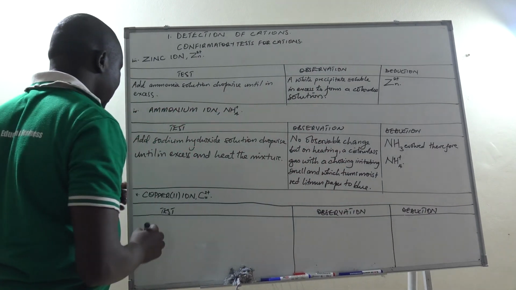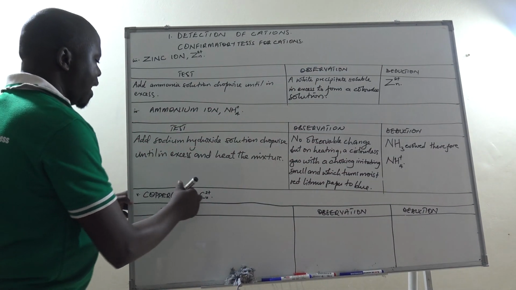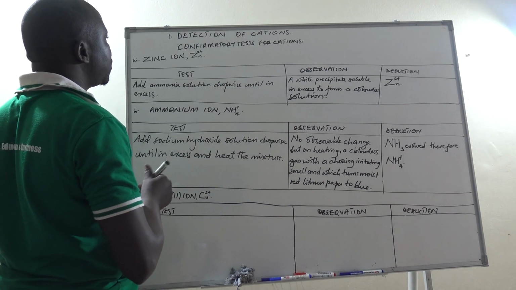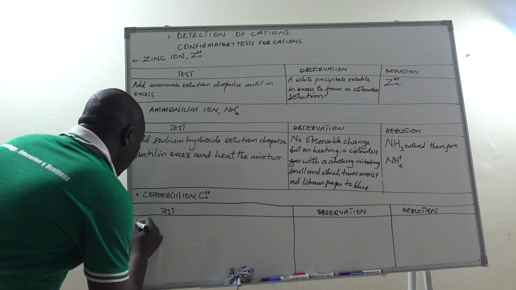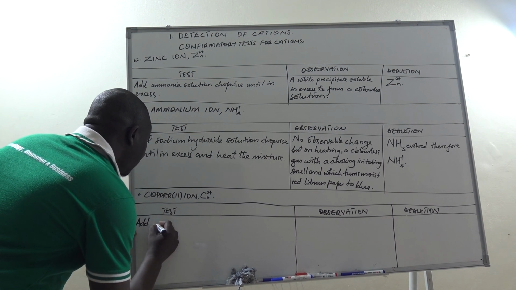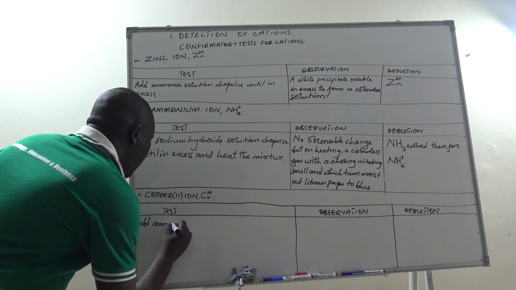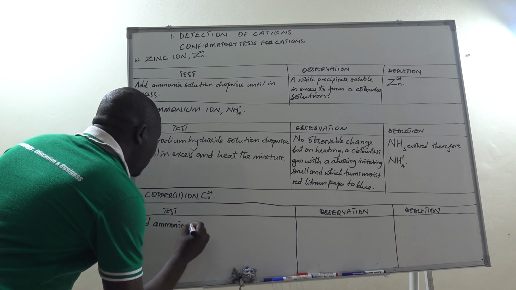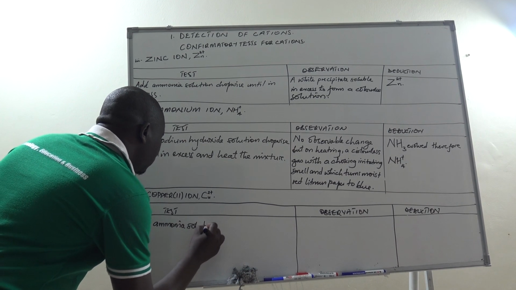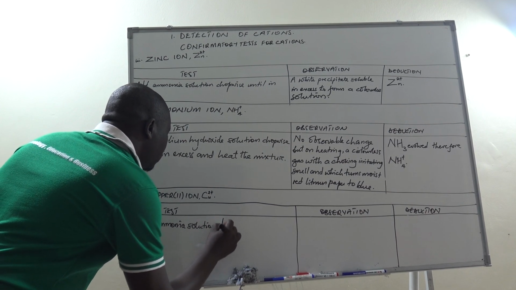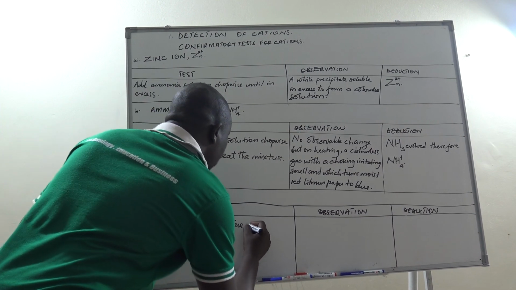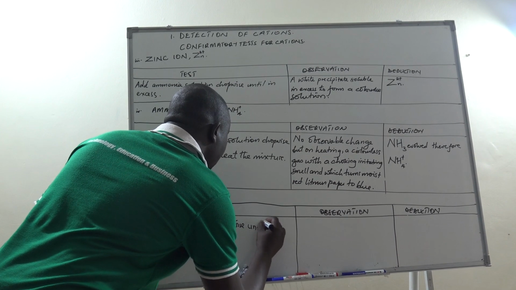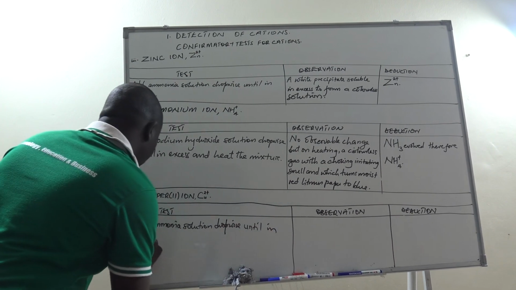So our test in this case, testing for copper II ion in solution, we use also ammonia solution. So we need to add ammonia solution dropwise until in excess.